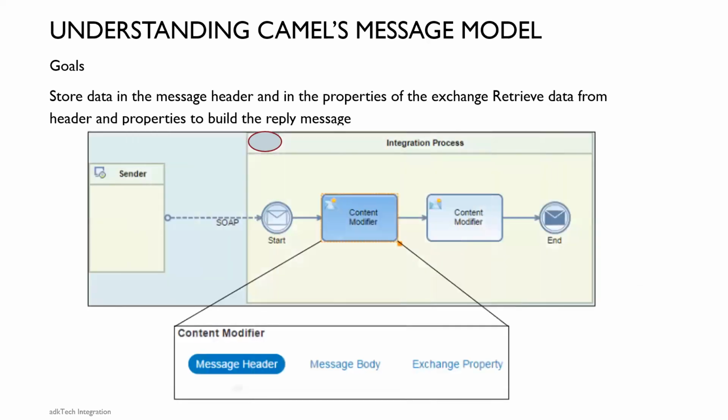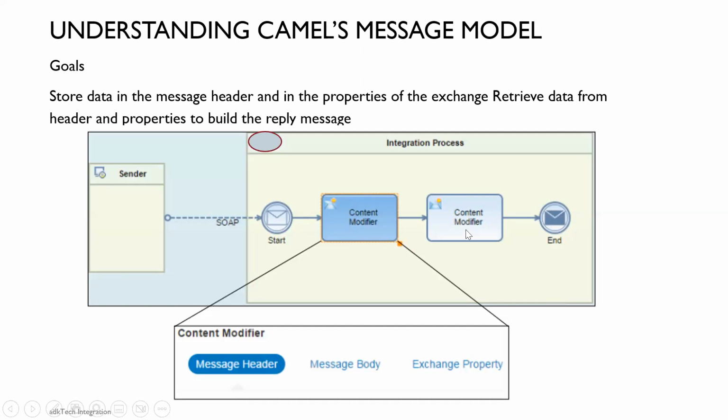So how are we going to design our iFlow? It would be like this. First of all, in our iFlow, there would be two content modifiers, and we are going to send a message through SOAP UI. In the first content modifier, we are going to place the value into the message header, and the whole body we are going to place into the exchange property.